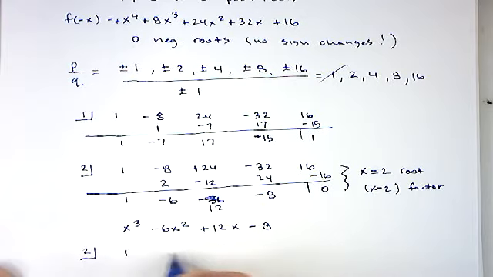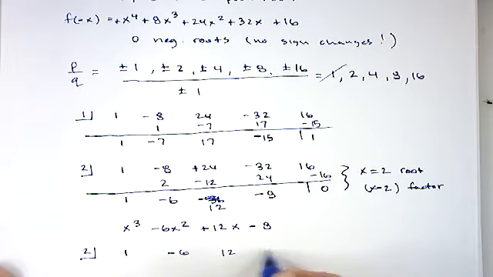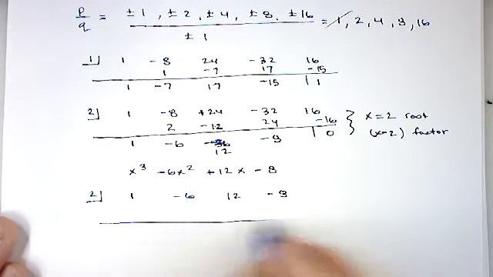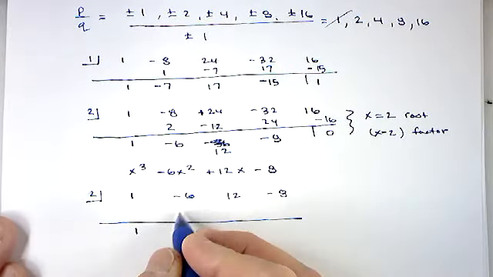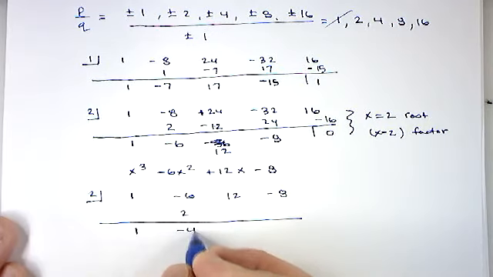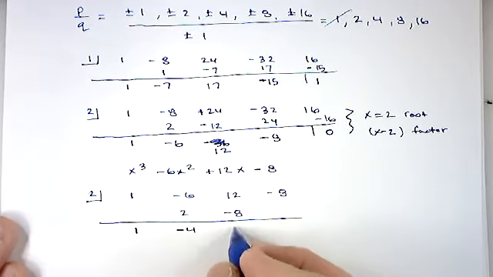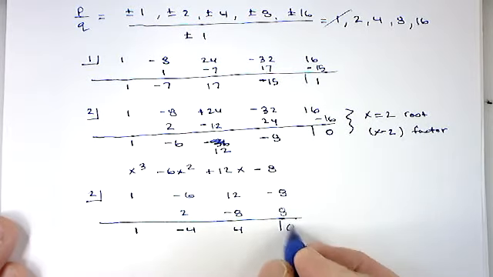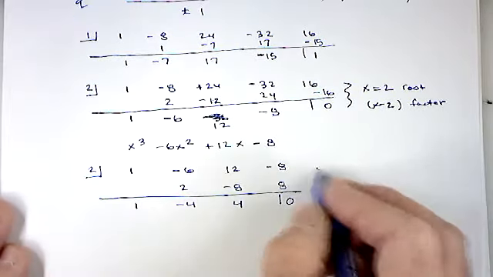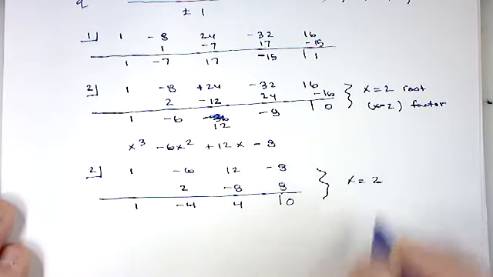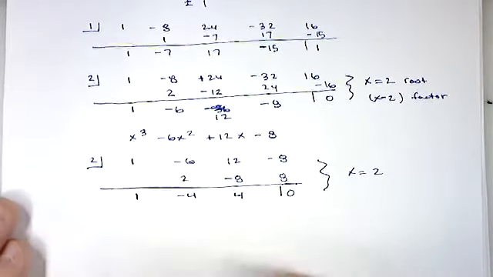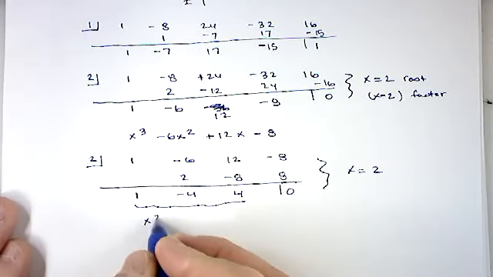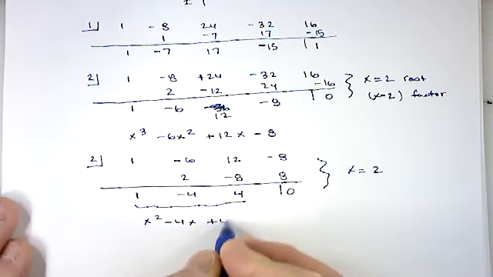So 1, -6, 12, -8. -4, -8, +4, 8, and I get 0. So once again, 2 is a root, x minus 2 is a factor, and now I can look at my reduced polynomial, which is now a quadratic, and just factor this.